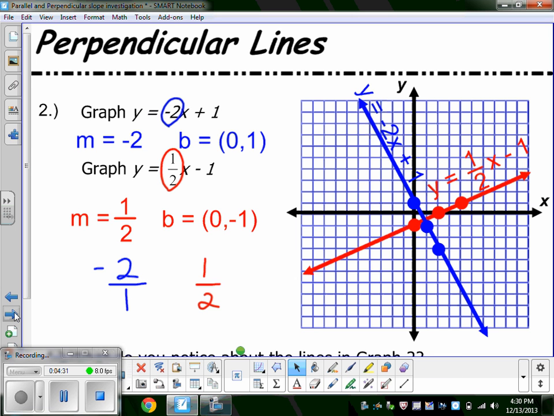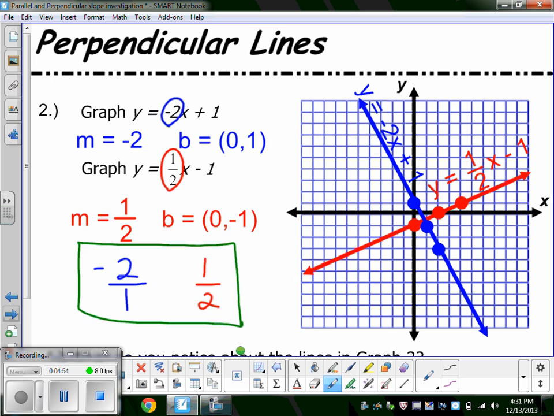We look at these two slopes. What do you notice about the denominator of the slope negative 2 over 1? You should see that it's the exact same as the numerator of the slope 1/2.